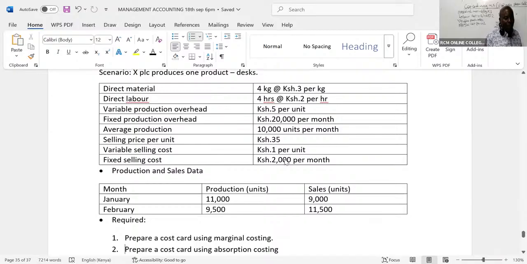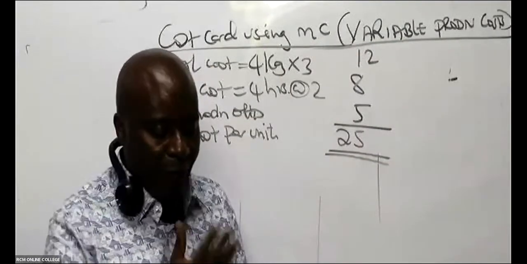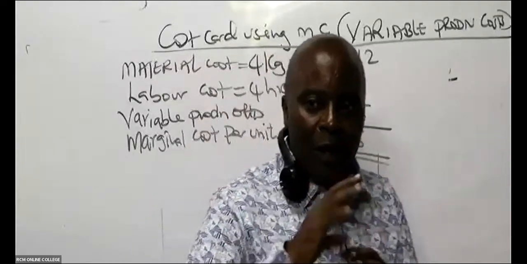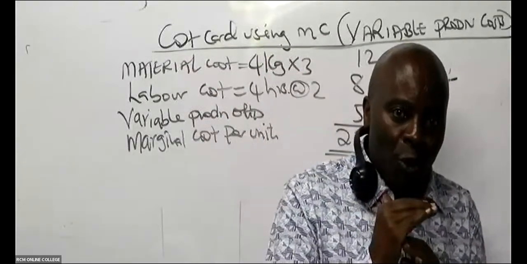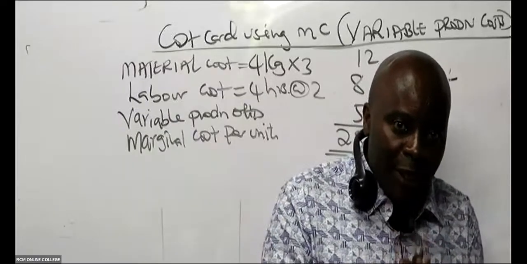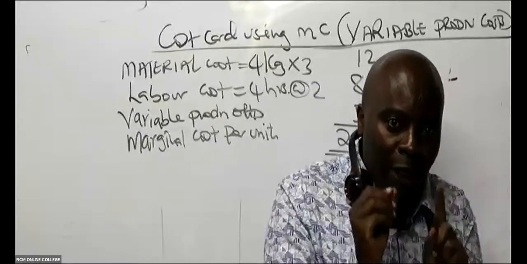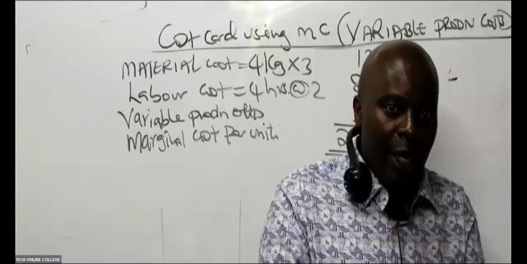So can we bring this variable selling cost to be part of inventory costs? No. Remember, our inventories, we are only costing them up to the time we produce them. It is only production expenses that can go to our units here that we produced and the inventory.